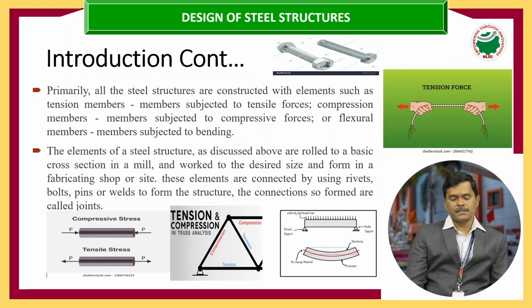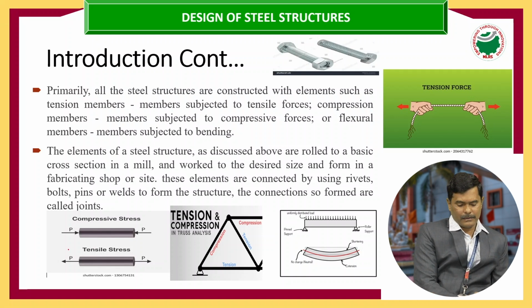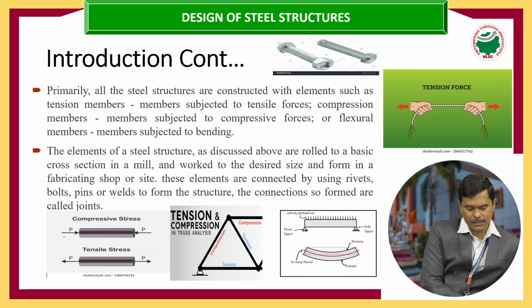So primarily all steel structures are constructed with elements such as tension member, that is a member subjected to tensile force, compression member, a member subjected to compressive force, and flexural member, subjected to bending. Here you can see if the member is subjected to two equal and opposite pushing forces, then this member is called a compression member.